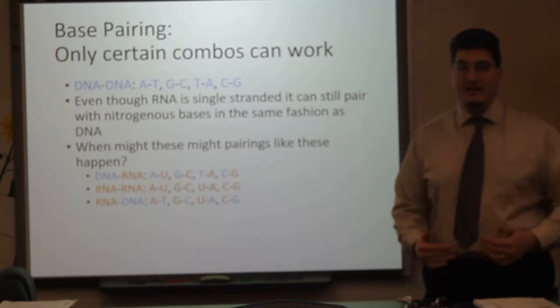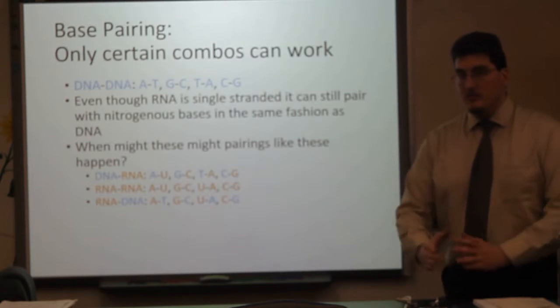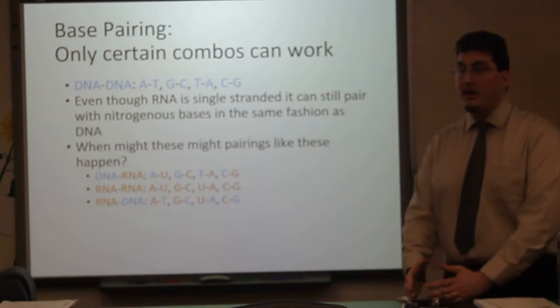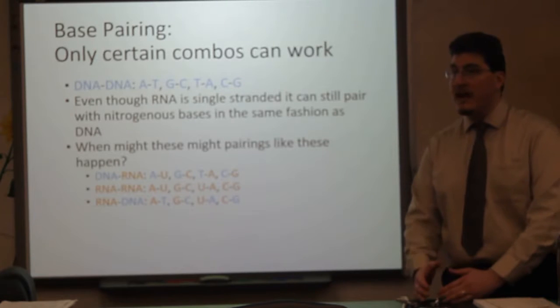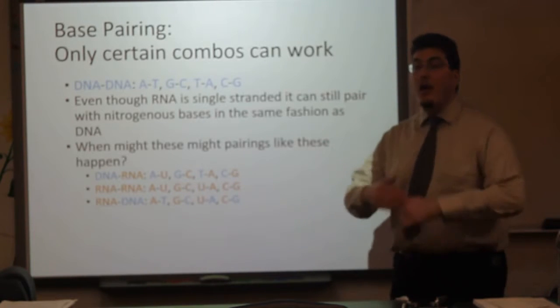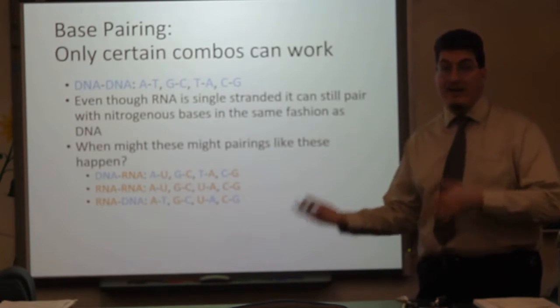The takeaway point is A to either T or U, depending on whether you are working with DNA or RNA, respectively. And G always pairs with C, and vice versa.